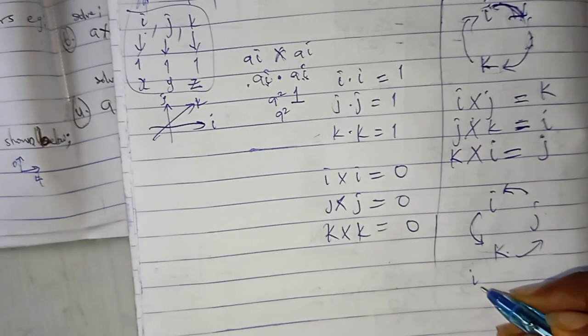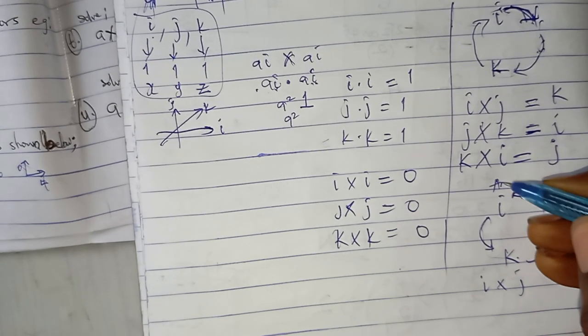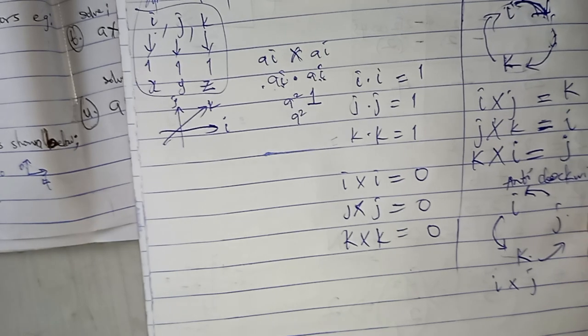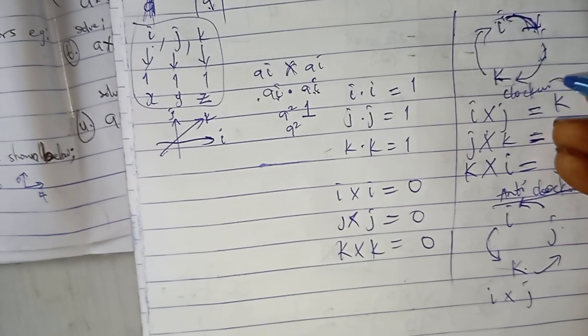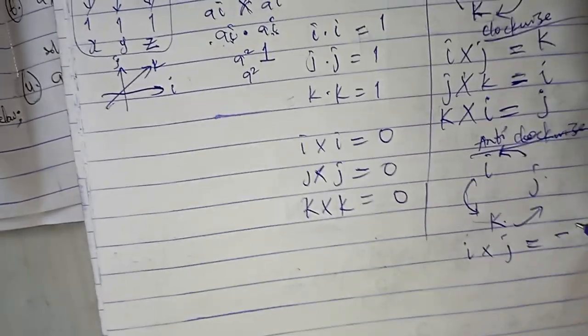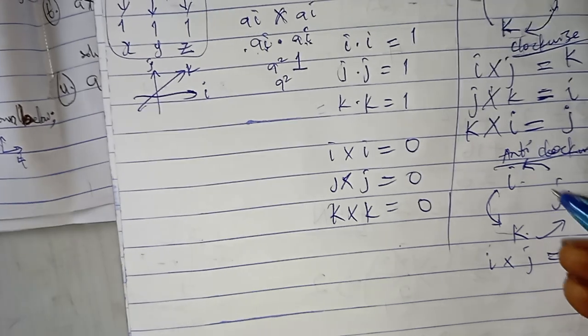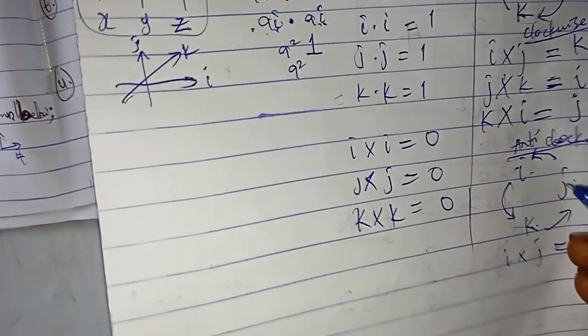So i cross j, that is anti-clockwise. This one is clockwise. So anti-clockwise, it will give me negative k.